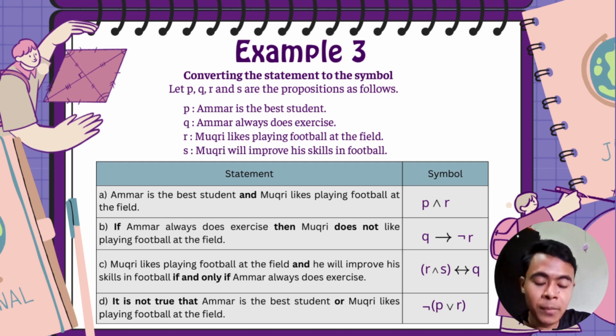In symbols, in brackets, R and S, biconditional Q. D: It is not true that Amma is the best student or Mukri likes playing football at the field. In symbols, not, in brackets, P or R, close bracket.